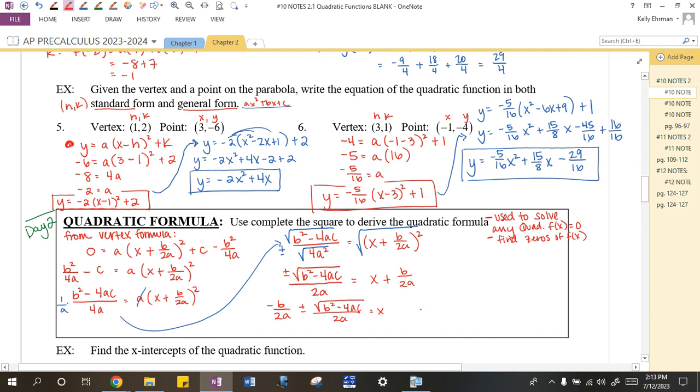So our quadratic formula, to get straight from general form to solving for the zeros, x equals negative b, or opposite of b, plus or minus the square root of b squared minus 4 times a times c. All of that is over 2a.